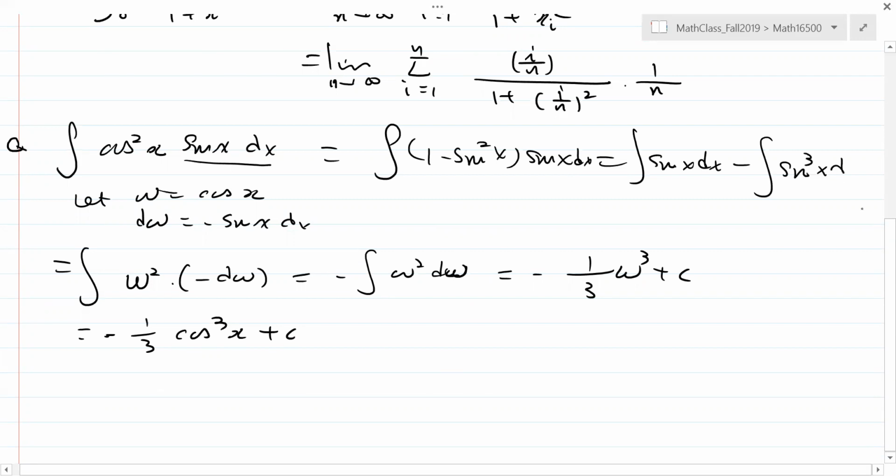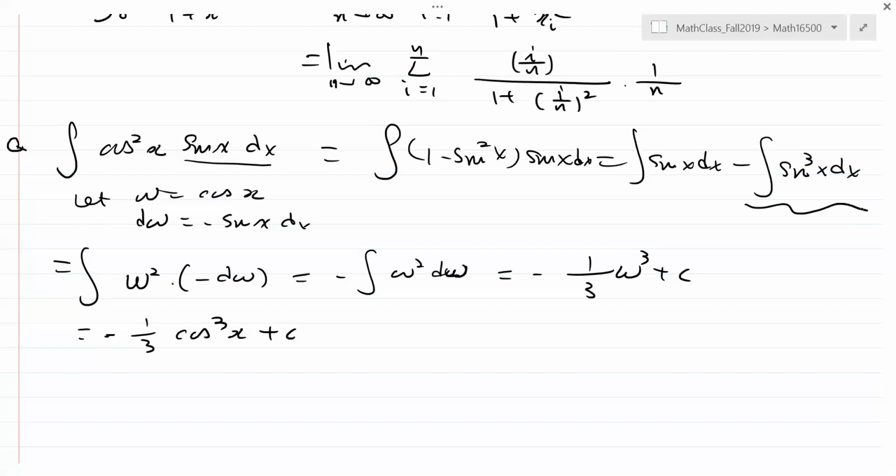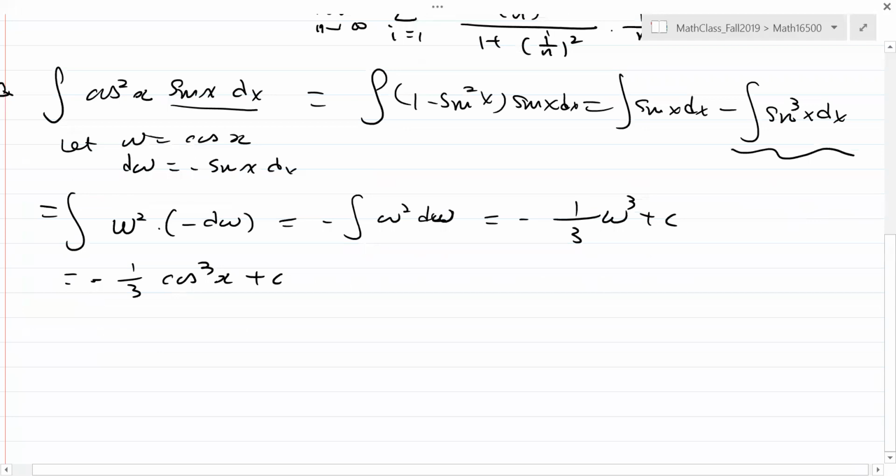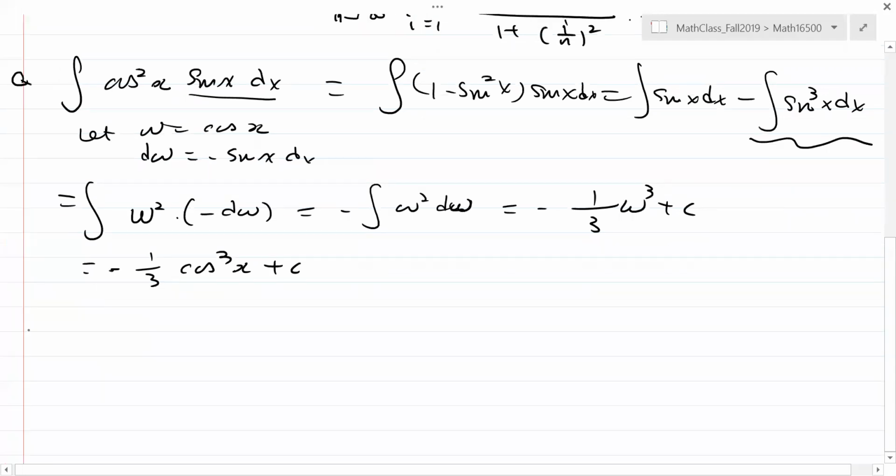If I ask you to evaluate the integral of sine cubed x, maybe it's more difficult than this. But if you look at these identities, you know the integral of sine x, then you should be able to find the integral of sine cubed x. Use a substitution.